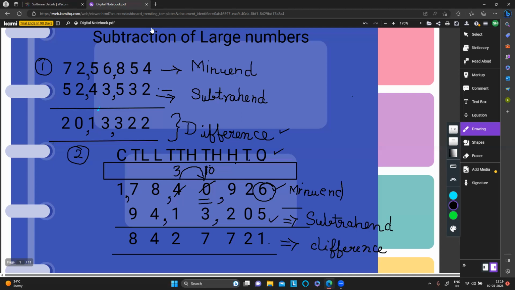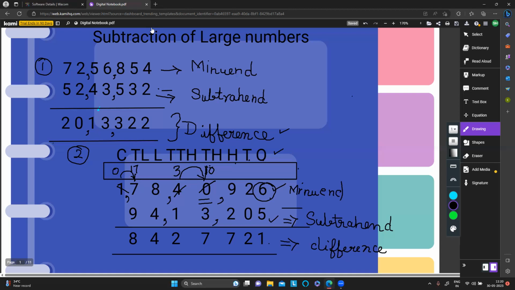7. 9 cannot be subtracted from 7. Have to borrow 1. So in the crores place, when it is getting transferred to the 10 lakhs place, so this is 10 plus 7, which is 17. Okay, so 17 minus 9 will give you 8. Okay, this is the difference that we have got.